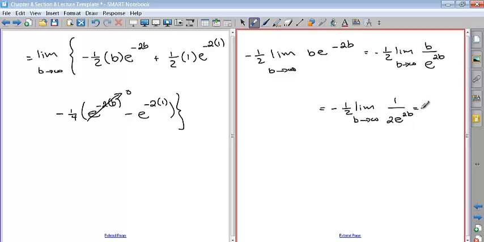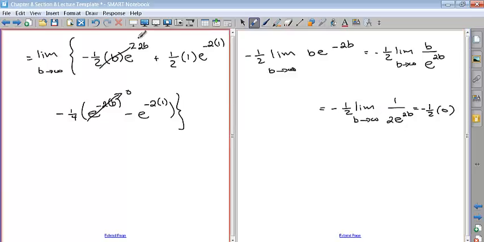So this just becomes negative 1/2 times 0. This limit becomes 0, so that term goes to 0. And then all we're left with is 1/2 plus 1/4. So we get 3/4 times e to the minus 2 power, or 3 divided by 4e squared.